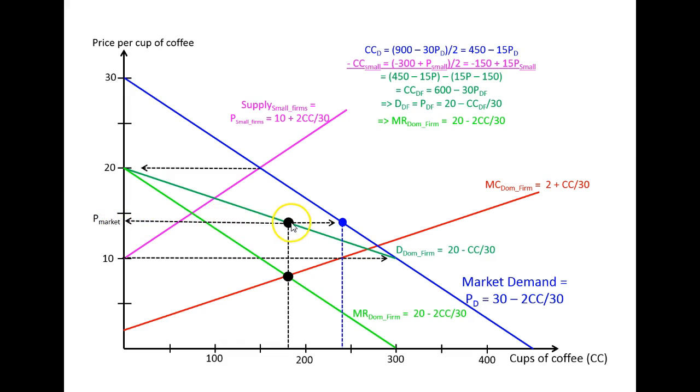And therefore the total quantity consumed on the market at that price is much higher than the production in the dominating firm. And who will supply that? Well, it's quite obvious that it has to be the small price-taking firms, because they produce to this market price as long as their marginal cost is equal to or lower than the market price. So here you have the solution for a dominating firm situation.